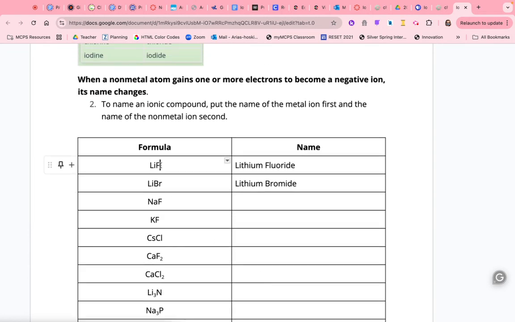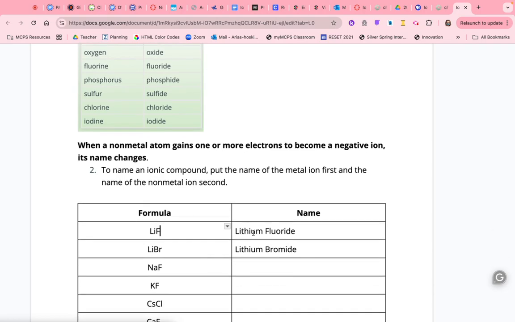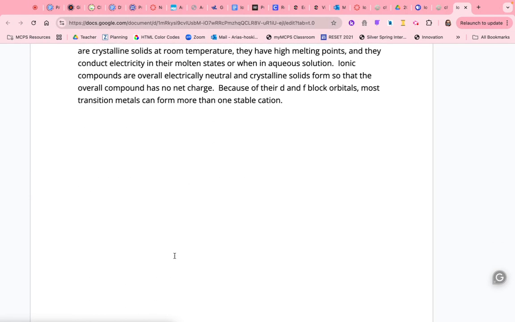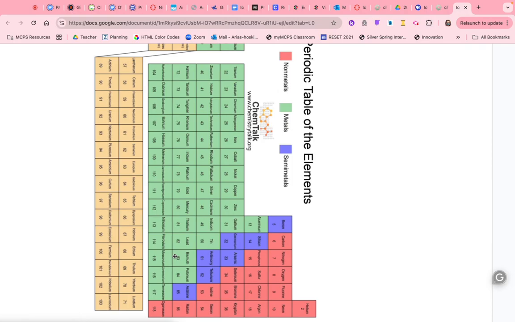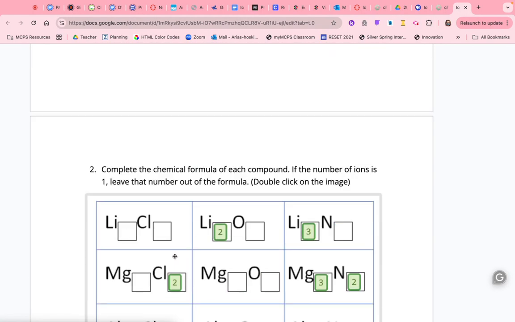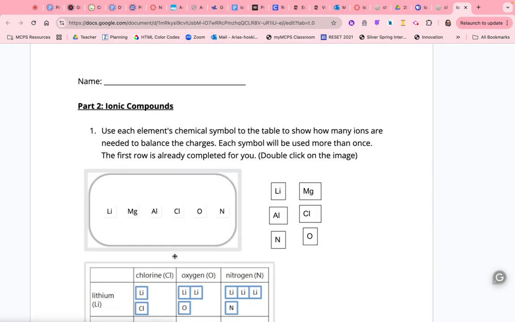And F is fluorine on the periodic table, but as an ionic compound it is fluoride, like you have it in here. Fluorine, fluoride, okay? So what you're going to write is lithium fluoride, lithium bromide, okay? The Br. All the names are in this periodic table. All the names of the elements, okay? All right, once you're done with this part, you are going to move on to this section.